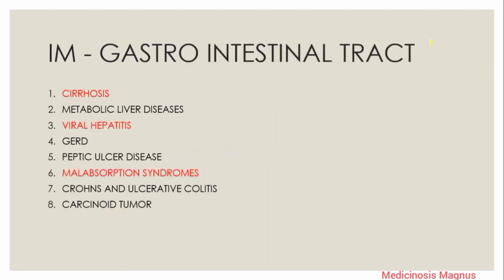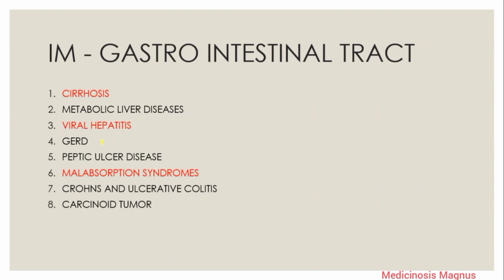For the GIT part, read about cirrhosis, the metabolic liver diseases like Wilson's disease, alpha-1 antitrypsin deficiency, hemochromatosis, the viral hepatitis markers, and the most common hepatitis in transfusion, in adults, in children, all those things.